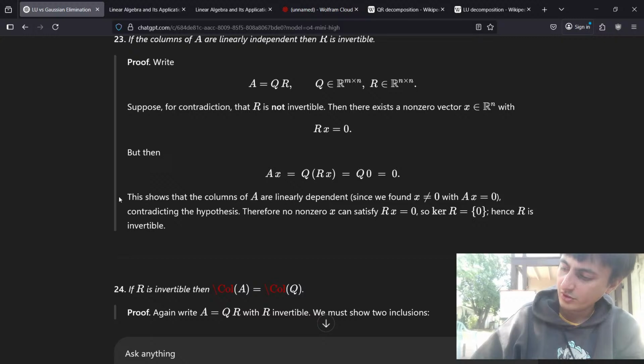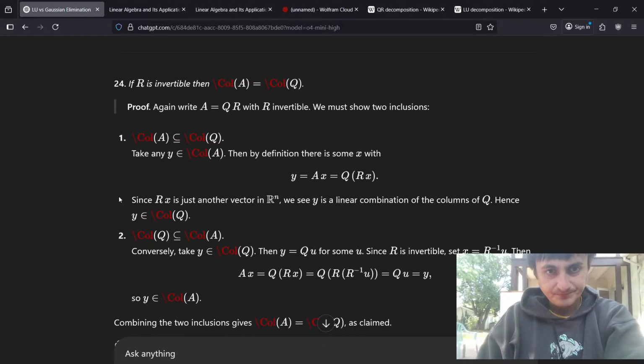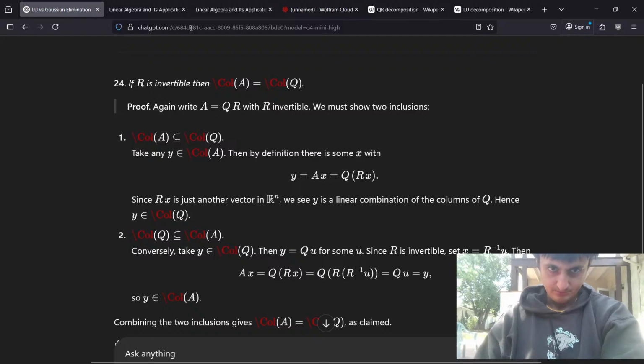Then QRx is equal to 0, which implies that Ax equals 0, right? But then that's a contradiction because A has linearly independent columns. So that's all you have to do. All right, then this one, we're trying to now show that R is invertible.